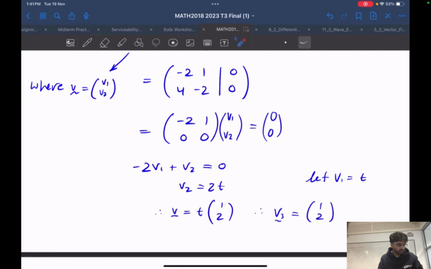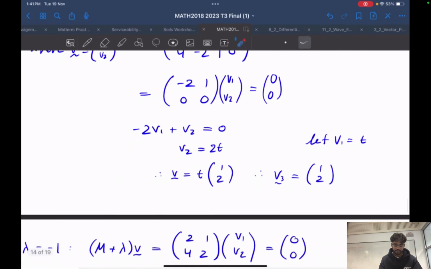We're solving this row over here. So this multiplied by this is equal to 0, and similarly this multiplied by this is equal to 0. But that's pretty obvious, right? So we don't really worry about the second row. We only worry about the first row. So minus 2v1 plus v2 is equal to 0. Let v1 be equal to t. Okay, this is a trick that you're going to have to use to find the eigenvectors.